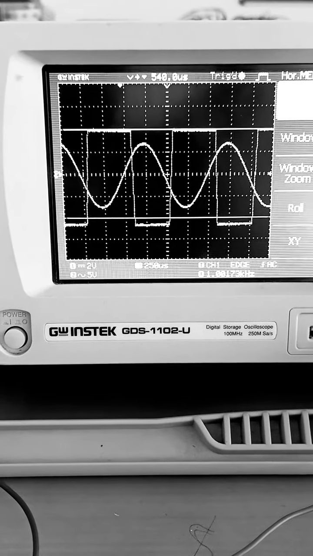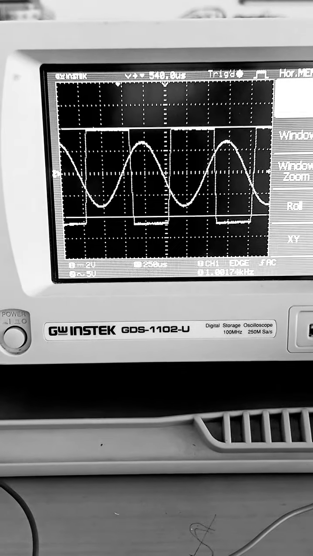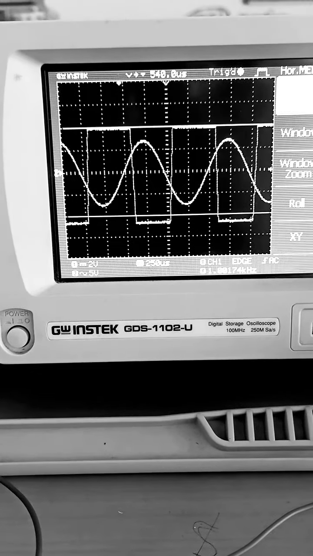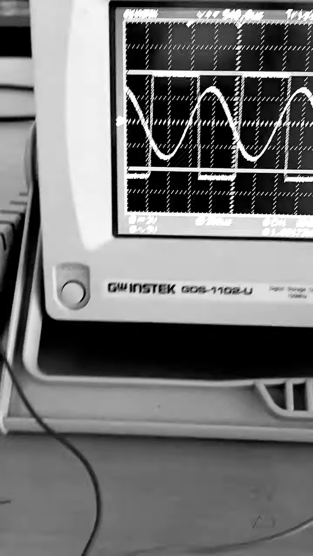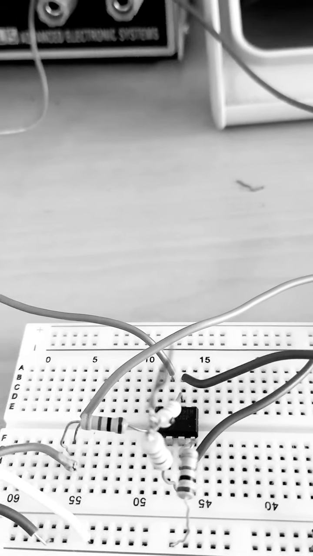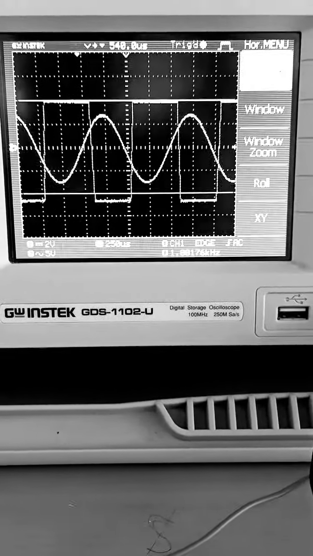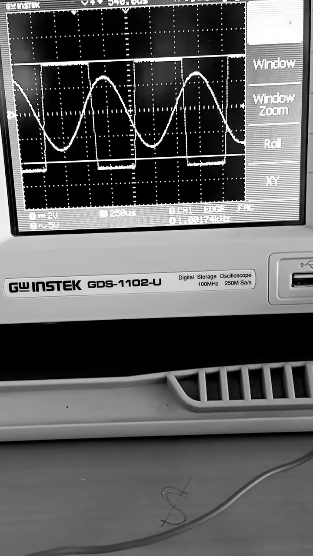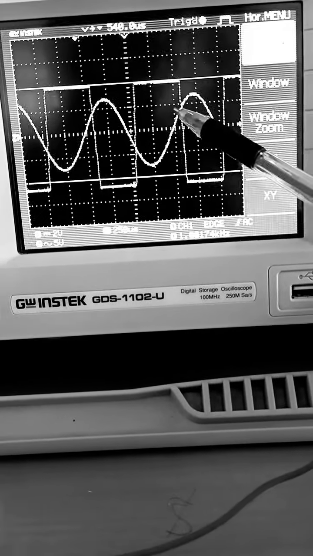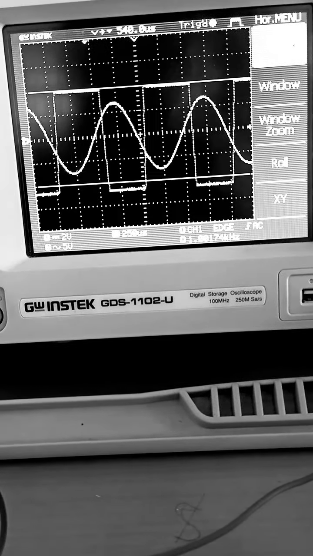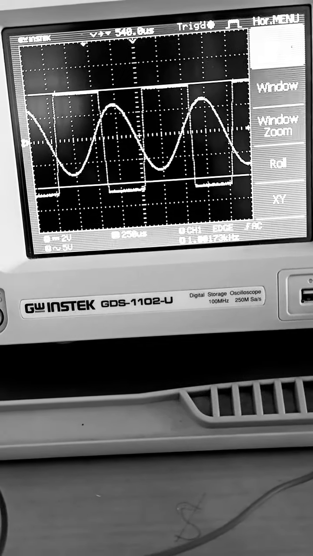You can change those values and using the formula for UTP and LTP, calculate R1 and R2 values. By changing the resistance values in the circuit, you will be able to get different UTP and LTPs on the CRO.